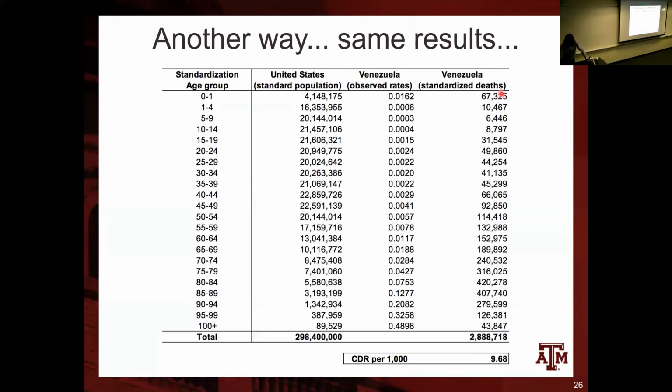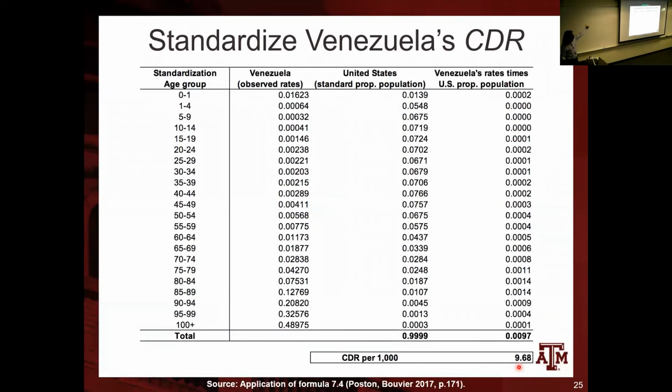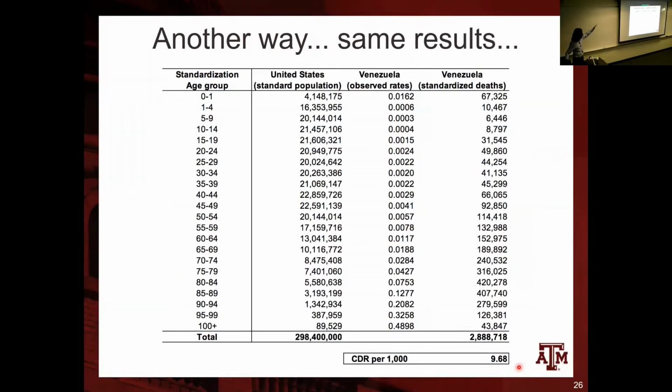If we add all these people here, 2.8 million divided by 298 million people in the US, this number divided by this multiplied by 1,000, 9.68. The result of this table is the same one as the previous table, 9.68. It's just a different way. Whatever you think it's easier to comprehend, you can do it in these two different ways.